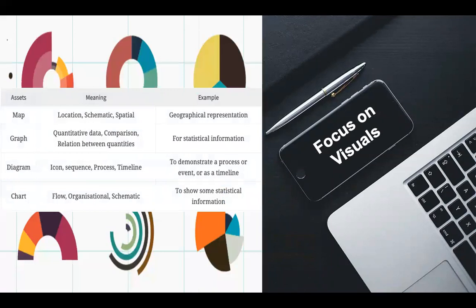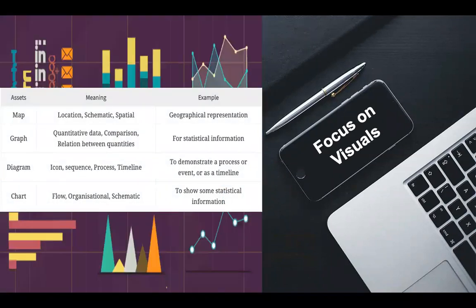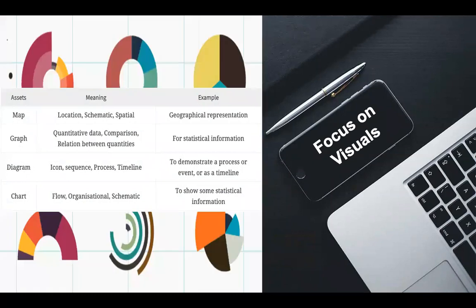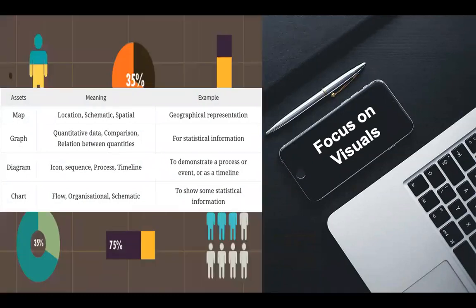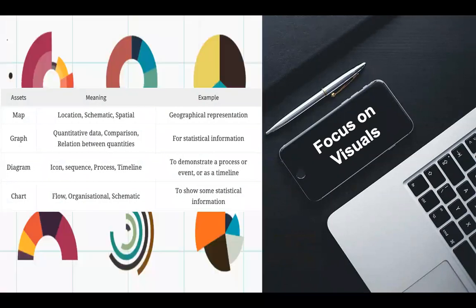move toward the next thing, that is, focus on visuals. I just mentioned some of the assets: maps, graphs, diagrams, and charts. What does it mean? A map is a representation related to location.